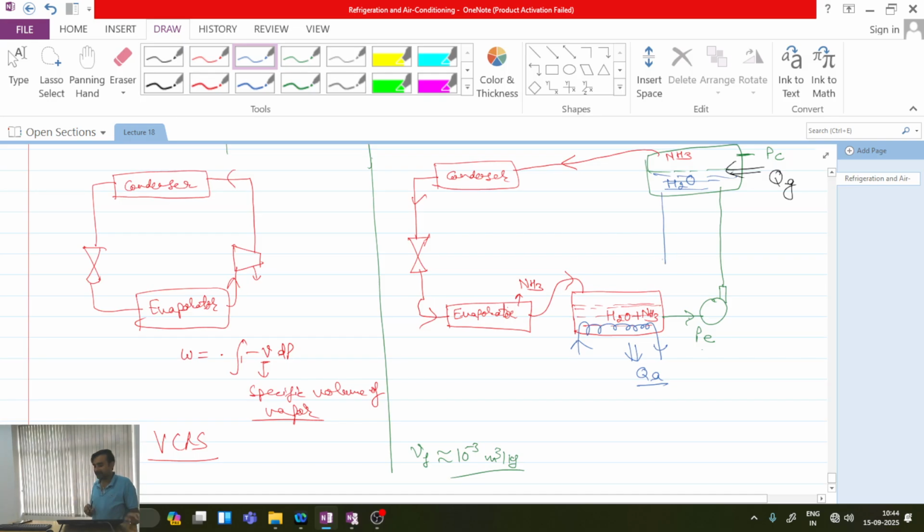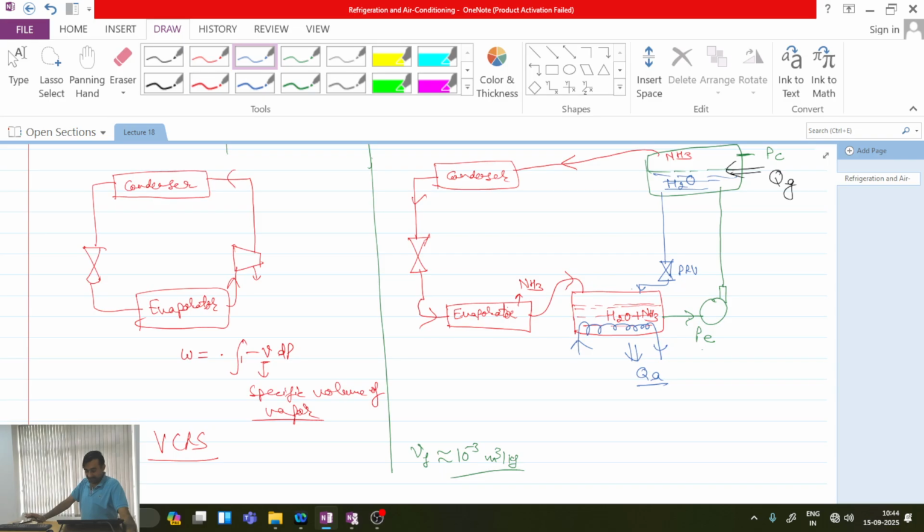When I take it out, its pressure is PC and the bottom chamber is at pressure PE. So I need to use a pressure reduction valve to decrease the pressure. Is this point clear? Does anyone have any doubt?